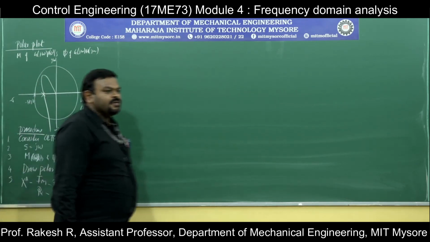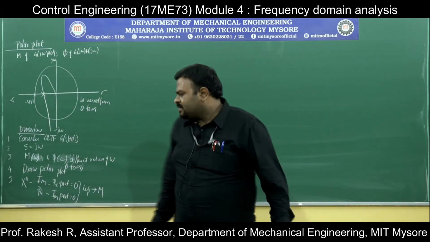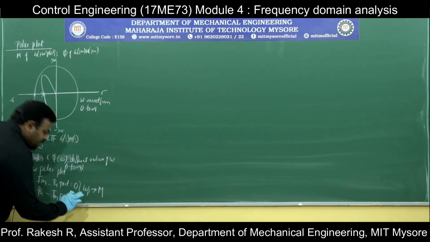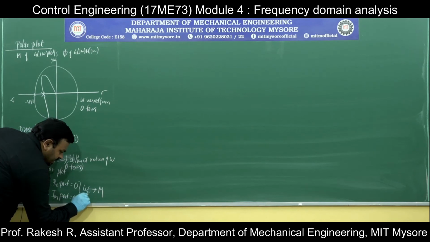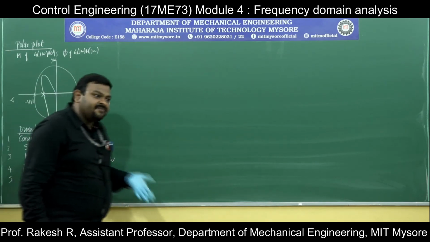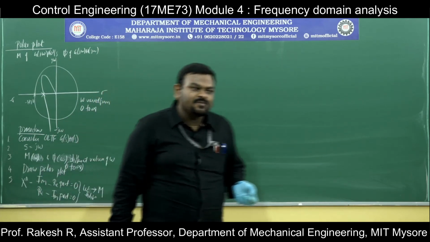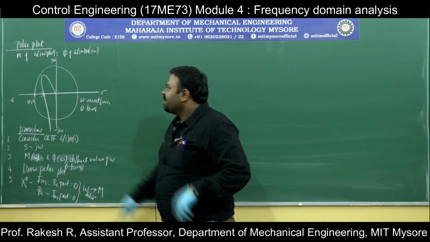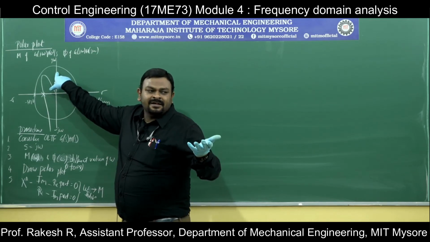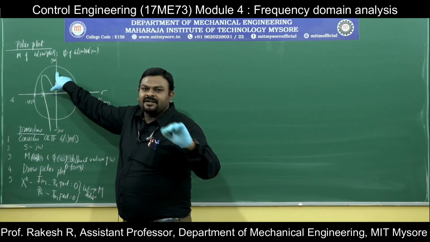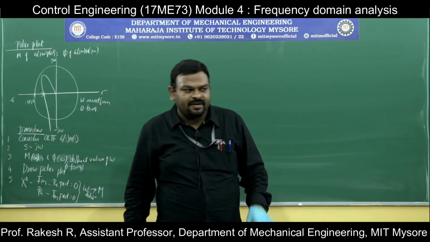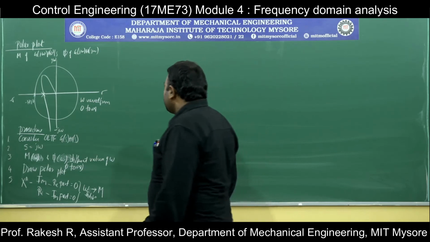I won't write omega p or omega g here, just omega intersection, because sometimes you might get a phase crossover point only, sometimes a gain crossover point only. But if you get an omega here, it is neither the phase crossover point nor the gain crossover point. You have to remember that. So this is the procedure of the polar plot.